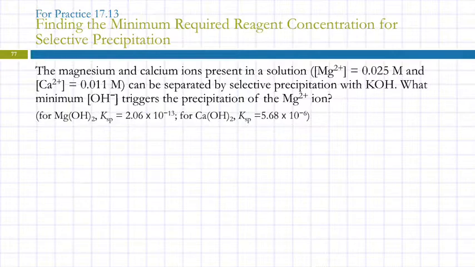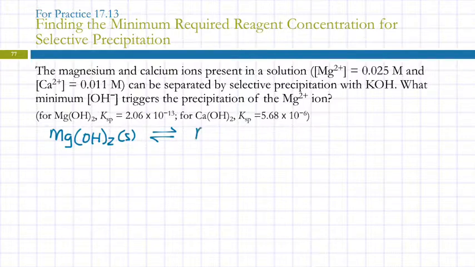So what is the minimum hydroxide ion concentration? Well, let's look at the equation. So KSP, the solubility product constant, we look at the compound as a solid, and we were thinking about it dissolving.